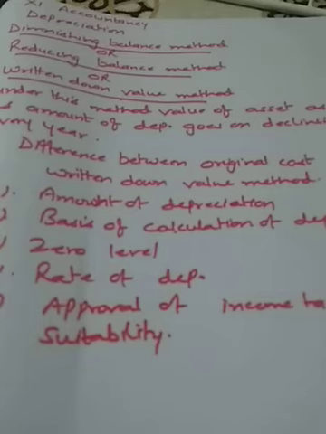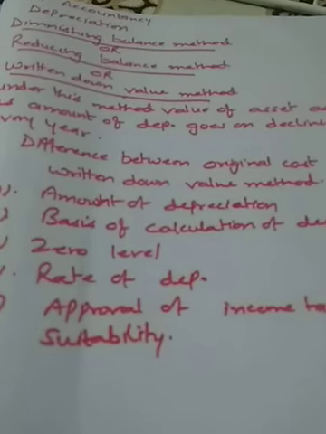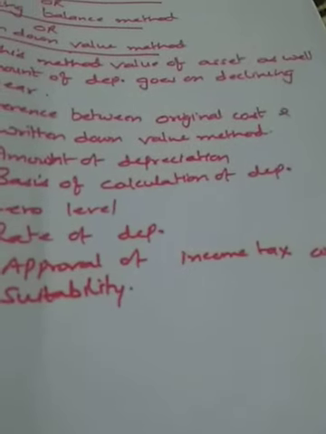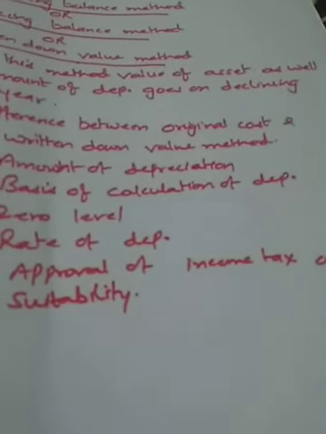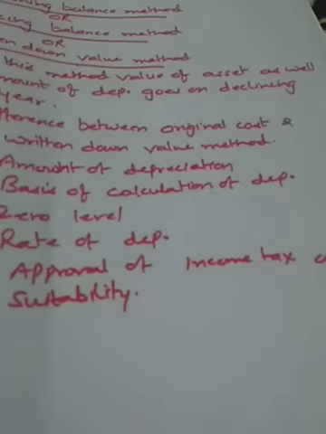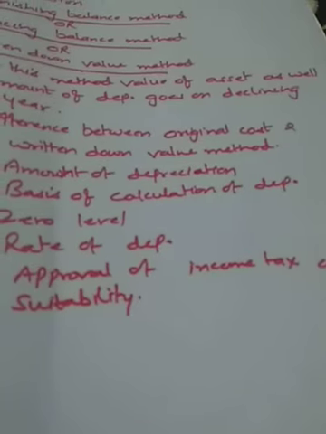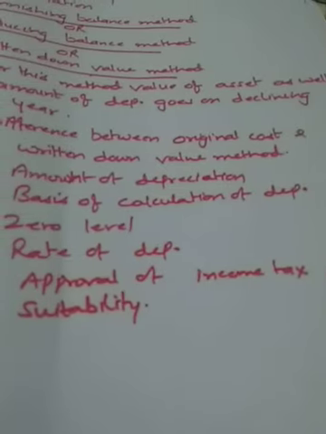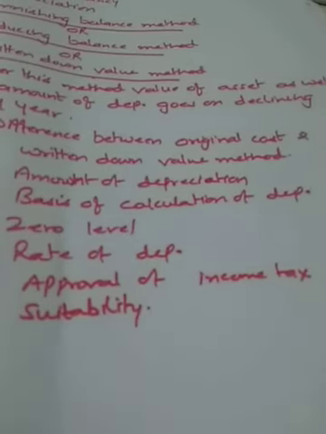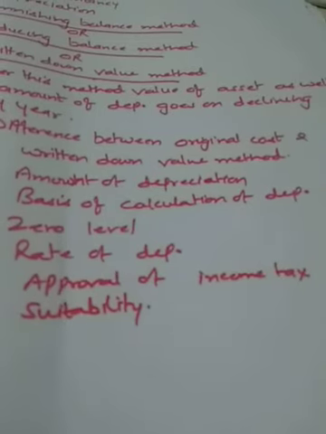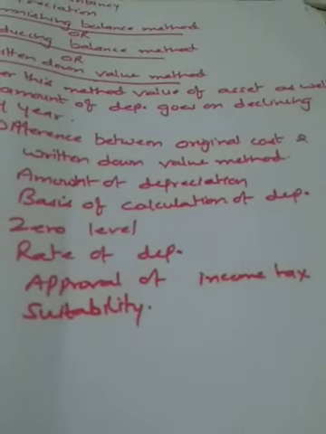Next base of difference is approval of income tax authorities. Original cost method is not approved by income tax authorities, but reducing balance method is approved by income tax authorities. And fixed installment method is suitable for assets in which repair charges are less and possibility of obsolescence is less.